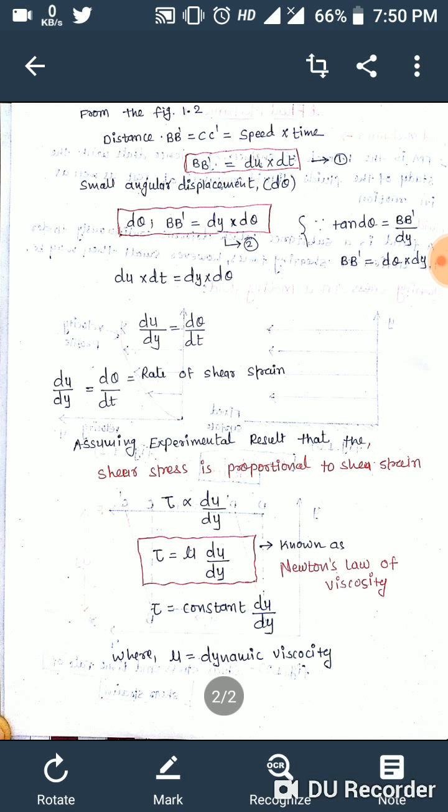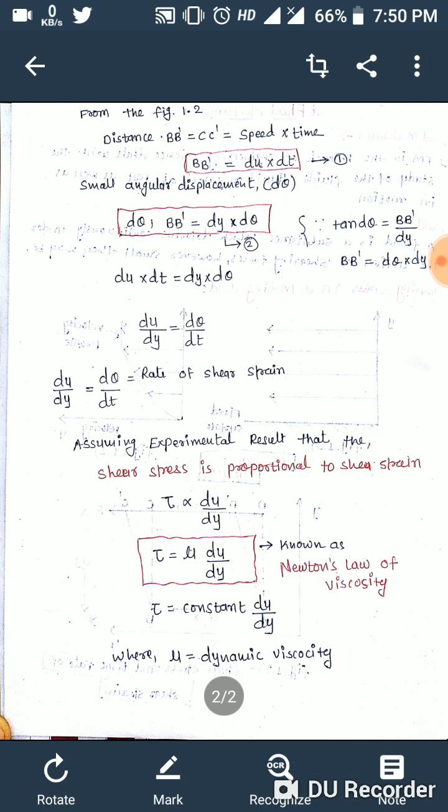dt. Now du by dy is also called the rate of shear strain. Assuming the experimental result that shear stress is directly proportional to the shear strain, the shear stress tau is directly proportional to du by dy.